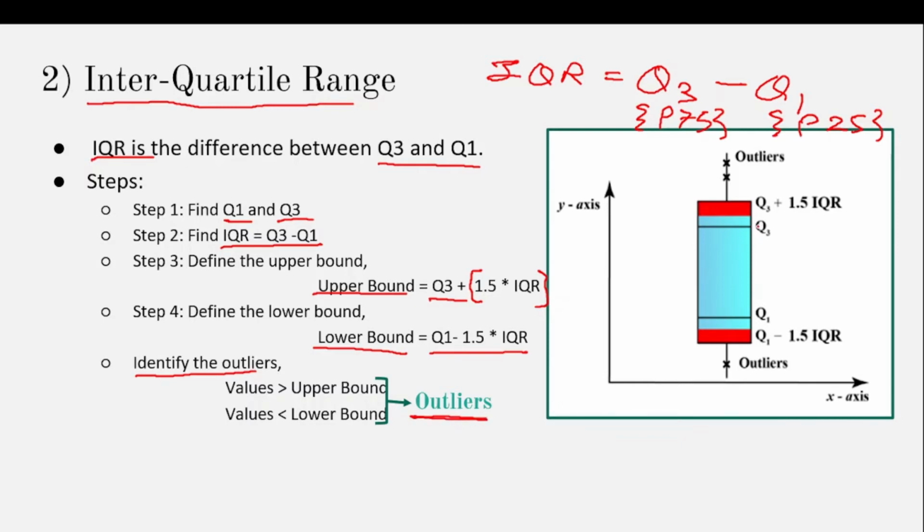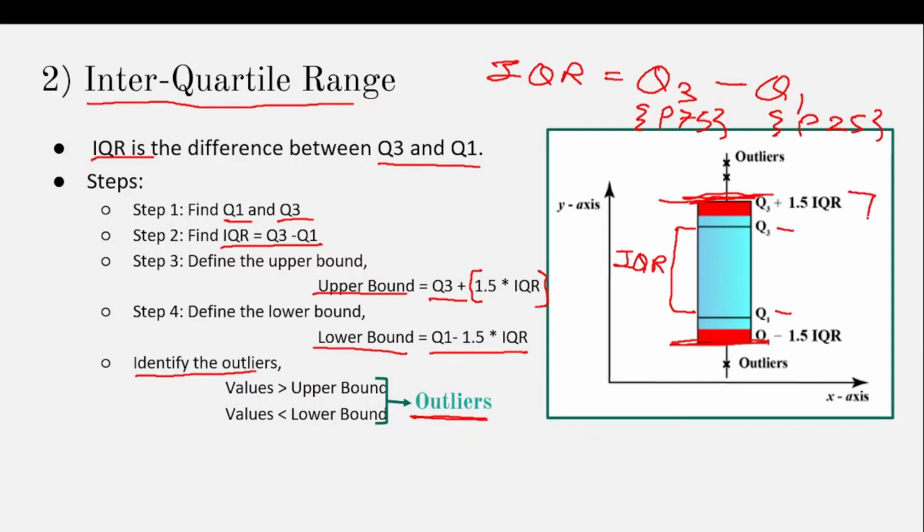As we can see through this diagram, we calculated Q1 and Q3 in the first step. After that, we got the interquartile range, that is IQR. Using this interquartile range, I defined the upper bound and the lower bound.